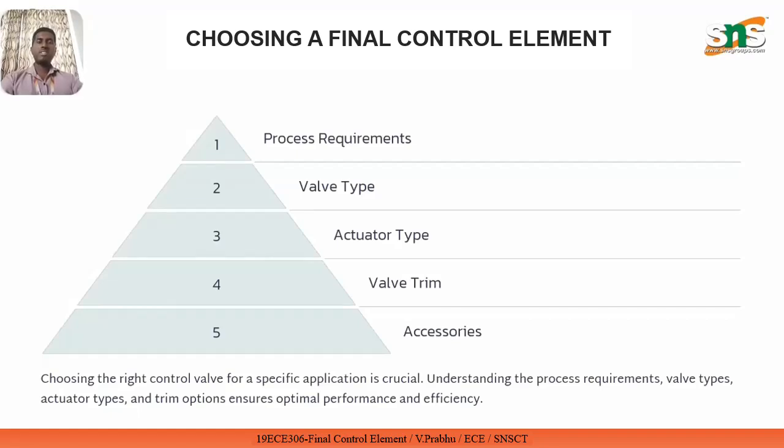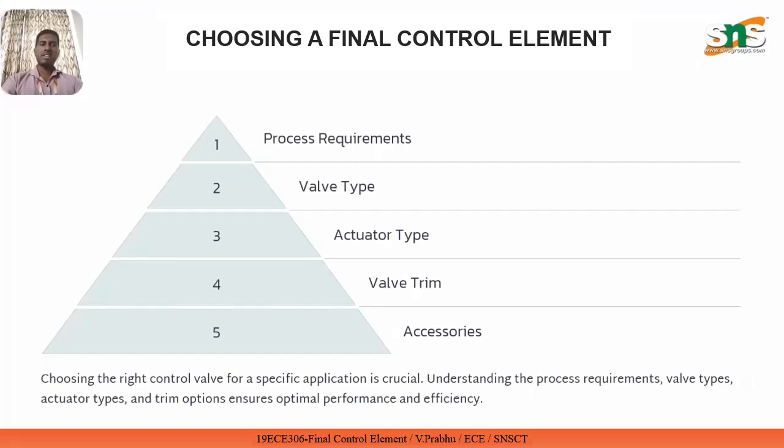These inherent characteristics are measured for a constant pressure drop. Whereas when applied in the process or in the field, they are called installed characteristics, because the pressure drop won't be constant, it will be changing. So that is the installed characteristics.